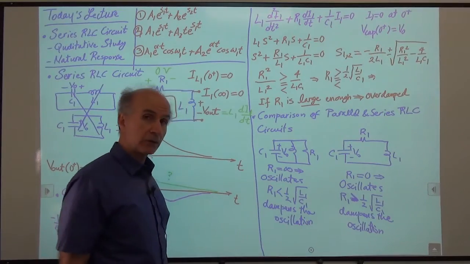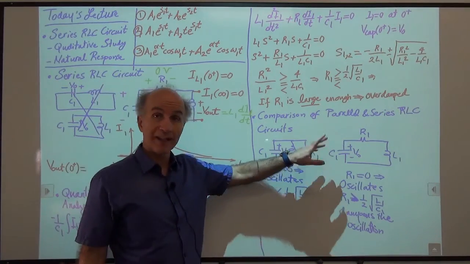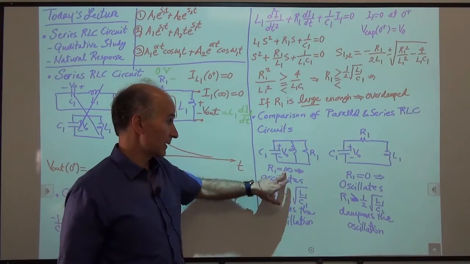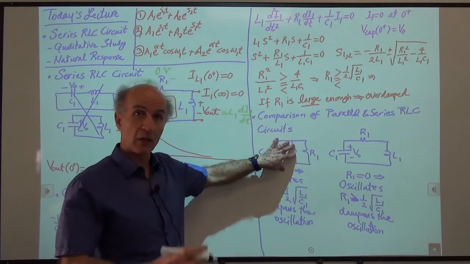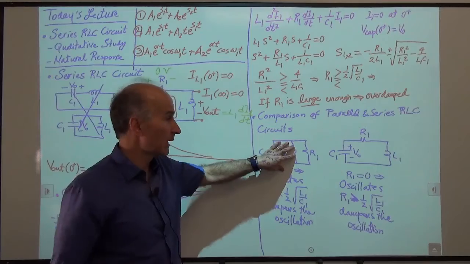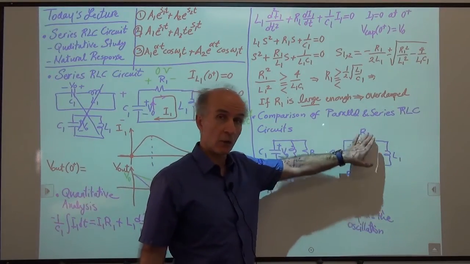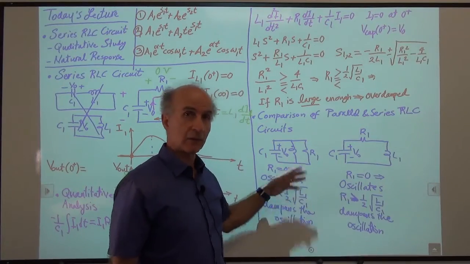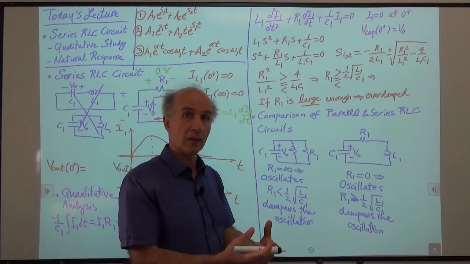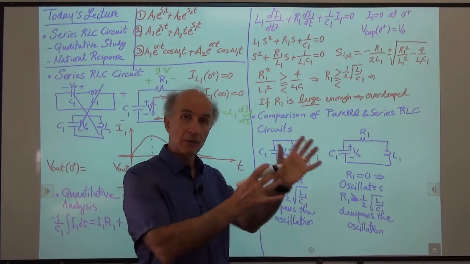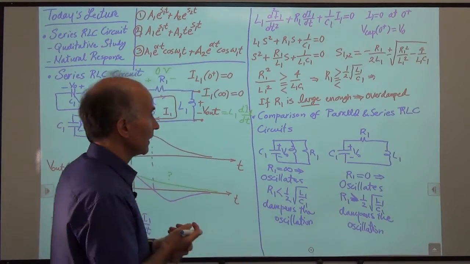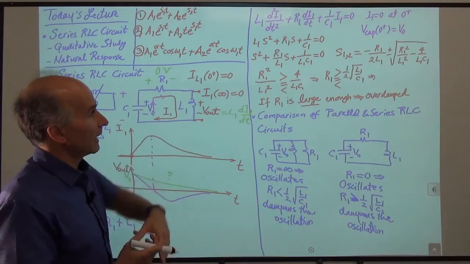So anytime in doubt, for these two circuits, you go to one extreme case. For this one, the extreme case is when the resistance is infinity. The circuit is now known, familiar. And here, the extreme case is when R1 is 0. Again, the circuit is known and familiar. Based on that, we can determine what happens if R1 is not infinite or not 0, in between. All right? Okay, so let's continue with our analysis.